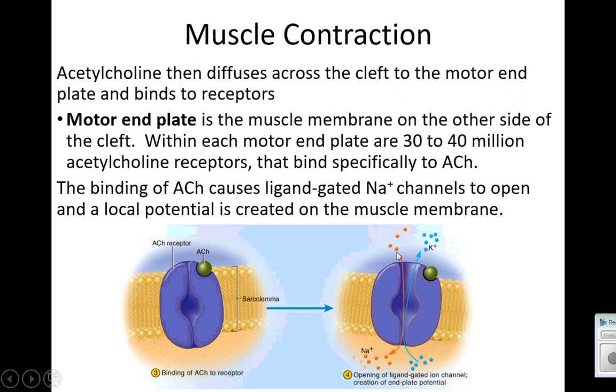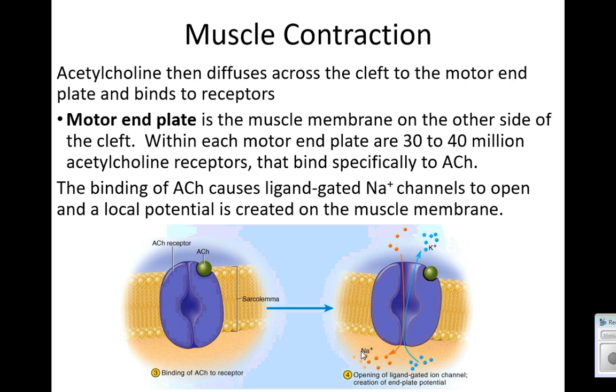And then we can have sodium rush in, we can have potassium rush out, but more importantly is the sodium rushing in. And we've learned all about what happens to resting membrane potential when sodium rushes in, right? It becomes depolarized.